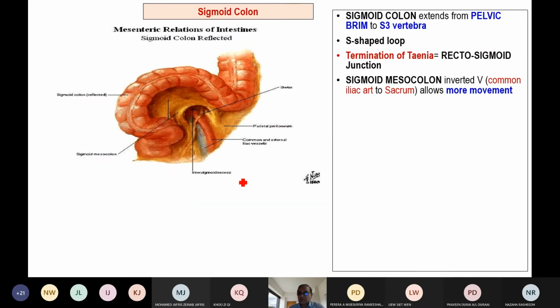Now coming to the sigmoid colon, it plays a very important role in pathological processes, from where it is starting and where it is going. Now here is the inlet of the pelvis. That means the pelvis actually starts here, and then the pelvic cavity is deep inside it. So it starts from the pelvic brim, the inlet of the pelvis, and where does it go? The terminal part is opposite the sacral 3 vertebra. So from sacral 3, the rectum starts, and it forms a loop.